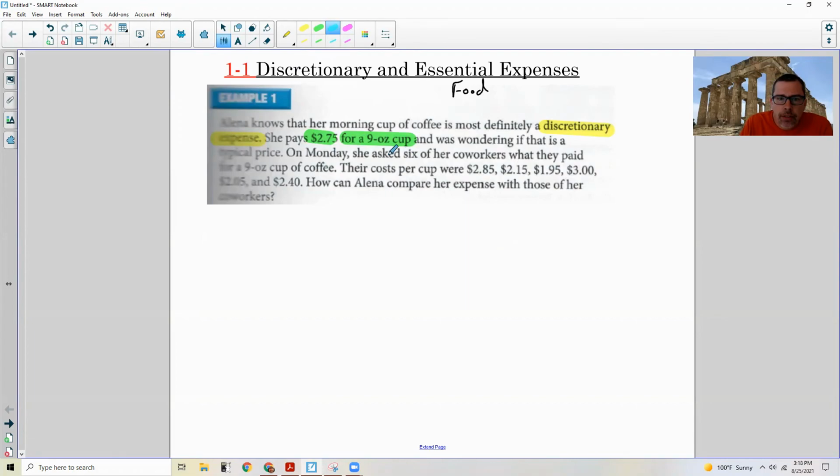She asked 6 of her coworkers what they paid for that same 9-ounce cup of coffee. Okay, their cost per cup were $2.85, $2.15, $1.95, $3, $2.05, and $2.40. How can Elena compare her expenses with those of her coworkers?